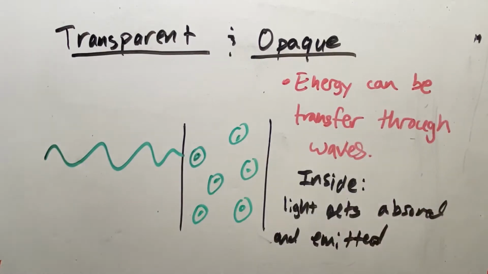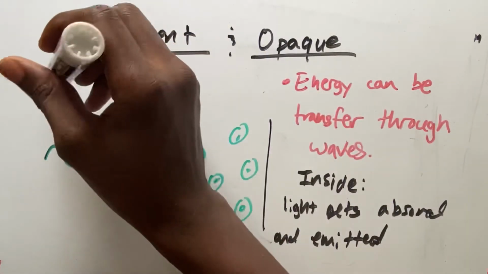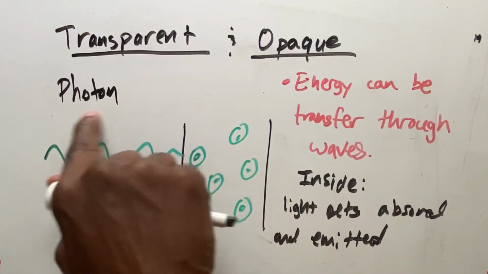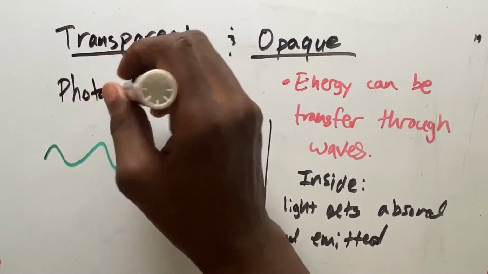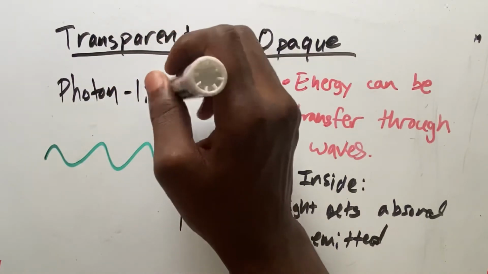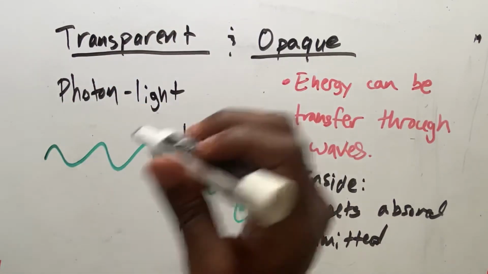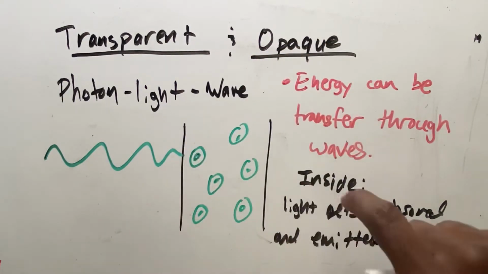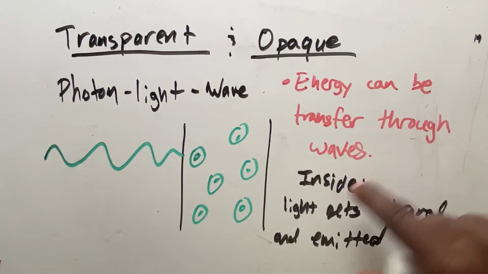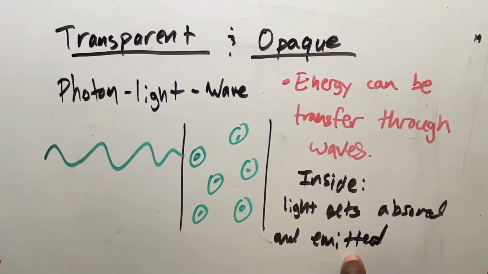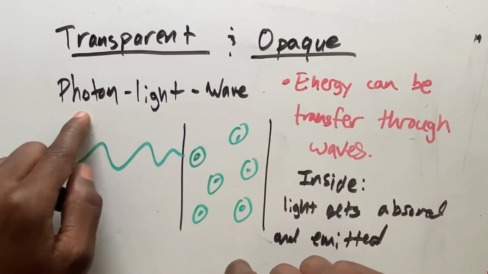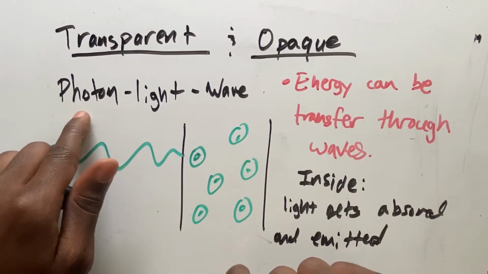And so the particle form of light we call a photon. So whenever I say a photon, I basically mean light. But then light can also behave like a wave. So this part, light being absorbed and emitted, is kind of describing what's happening inside this material as if light were a particle or a photon.